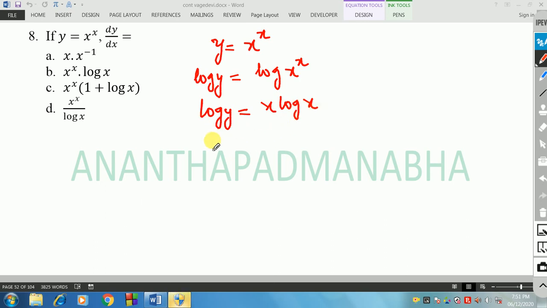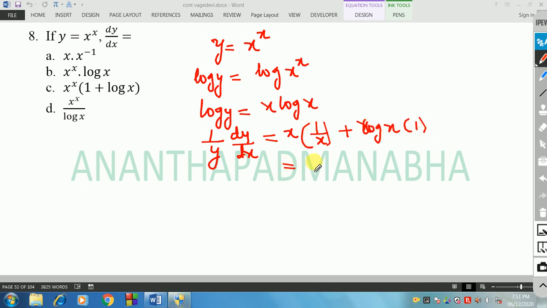So the derivative of log y is 1 by y into dy by dx, which is equal to the first function, the derivative of log x, which is 1 by x, plus the second function log x into the derivative of x, which is 1. So here we get 1 plus log x on the right hand side. Here I have 1 by y into dy by dx.